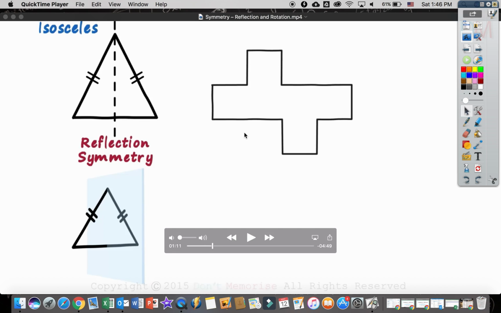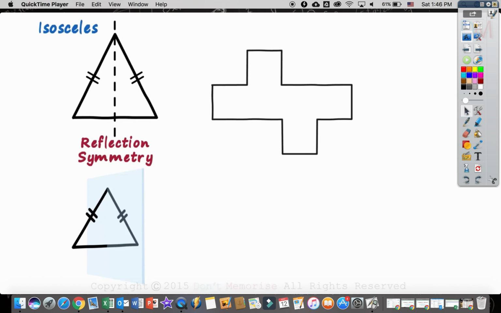First let's discuss the shape that has no reflection symmetry but has rotational symmetry. Then we'll come to other shapes that have both.